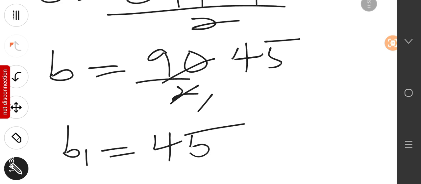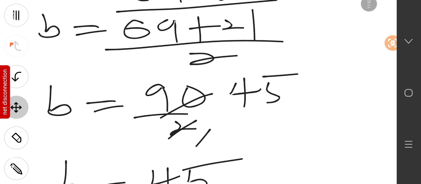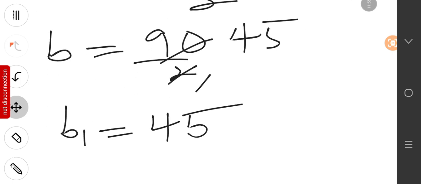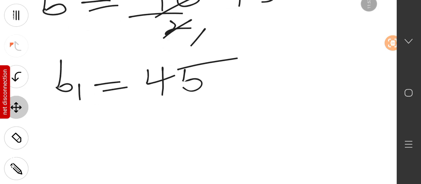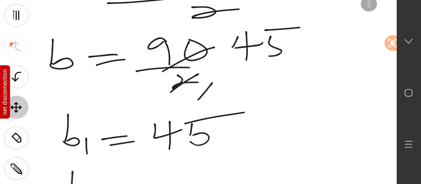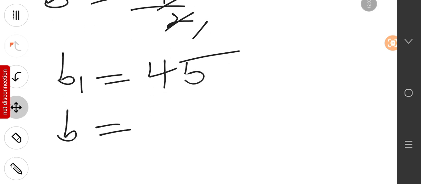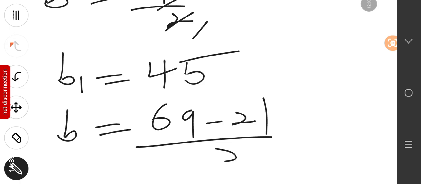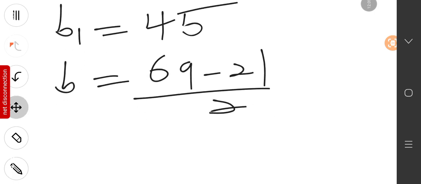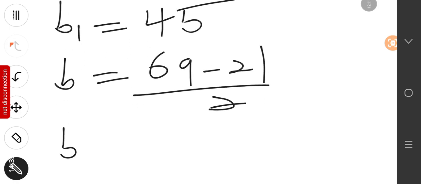So we say b1 equals 45. Now let's look for b2. So we are going to have b equals 69 minus 21 all over 2. So b equals, 9 minus 1 is 8, 6 minus 2 is 4, so you have 48 over 2.